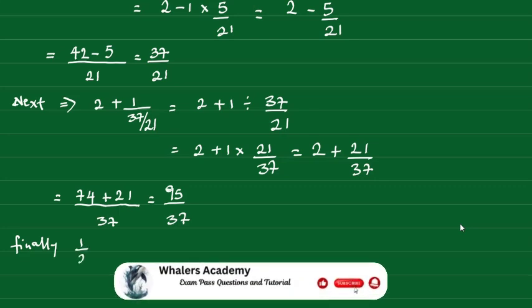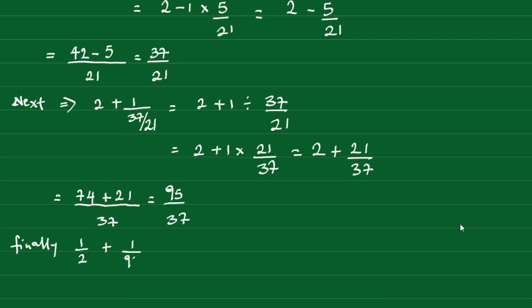1 over 2 plus 1 divided by 95 over 37. This is equal to 1 over 2 plus 1 divided by 95 over 37.